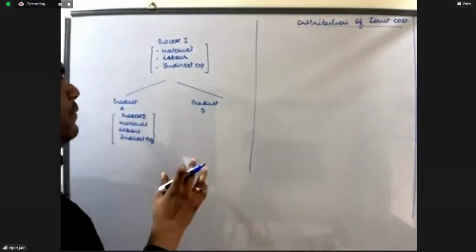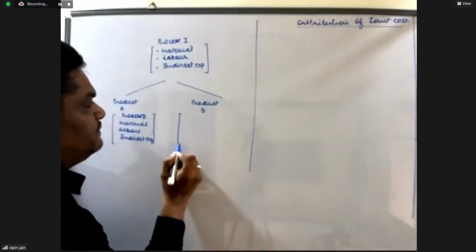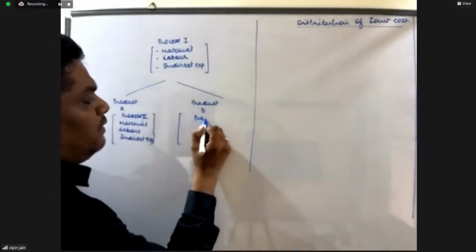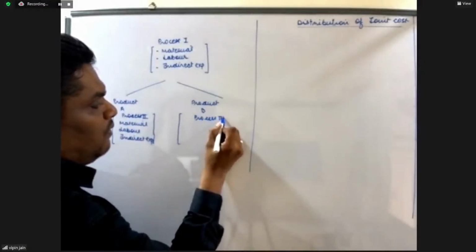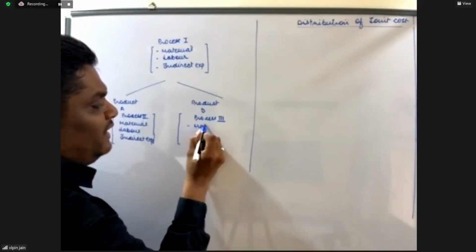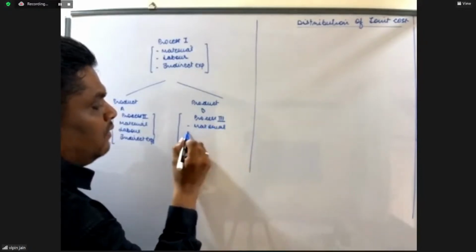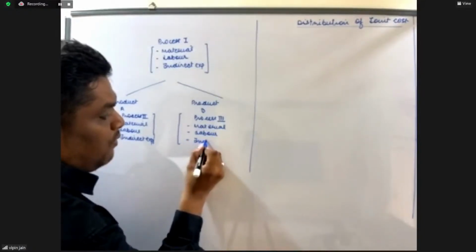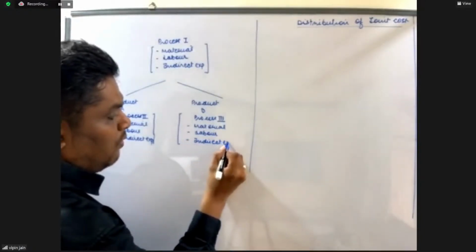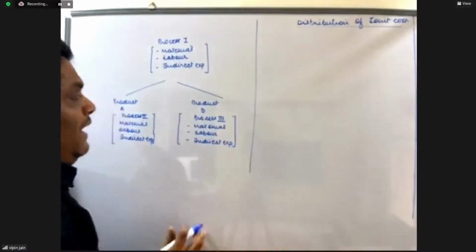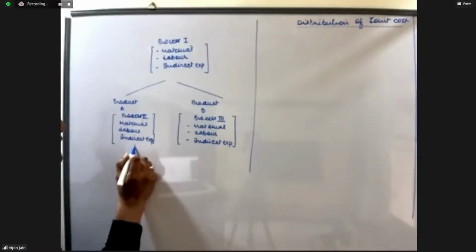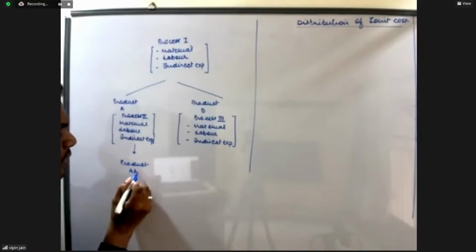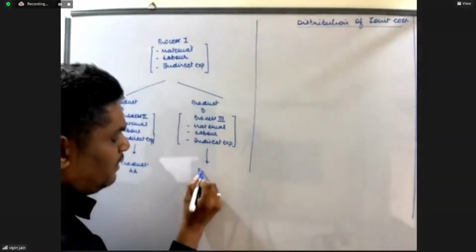Further again, product B is further processed in process third, wherein a further separate set of costs are incurred. And the final output of process second is product AA.